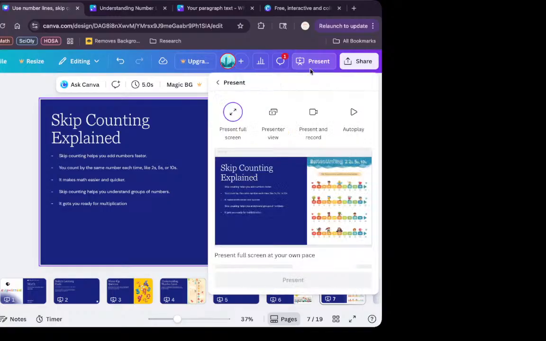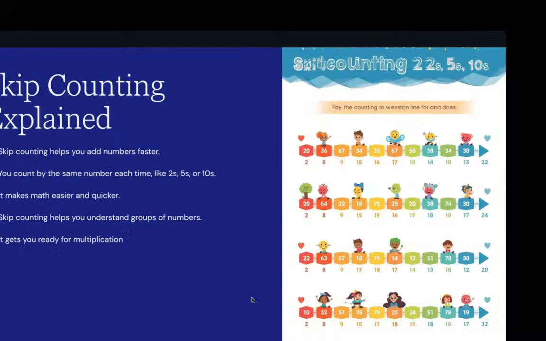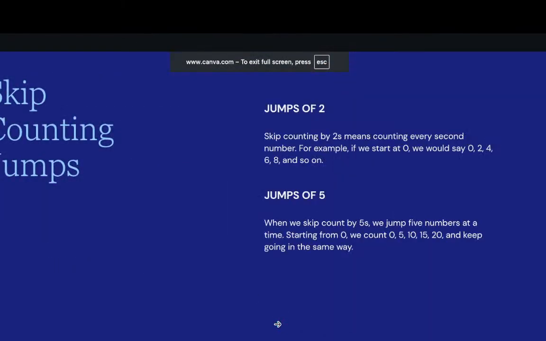Now, skip counting jumps. Skip counting jumps are the same thing as skip counting, except it is on a number line. For example, let's say we're jumping by 2s.